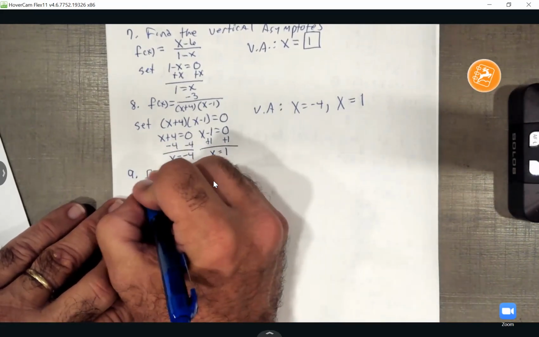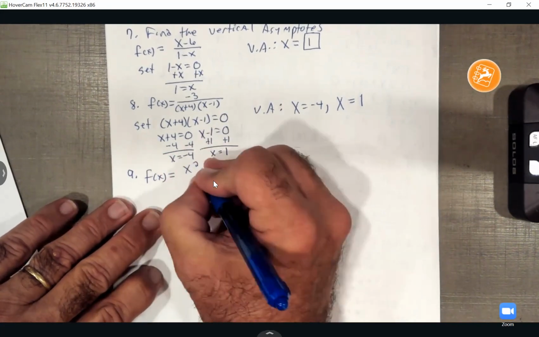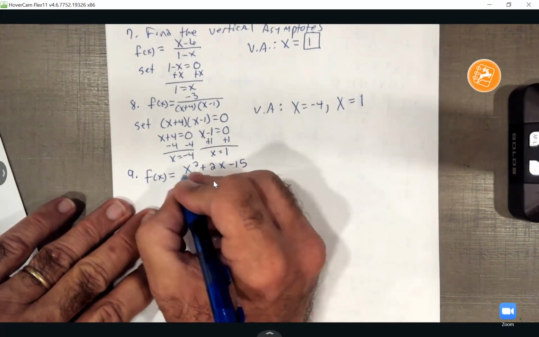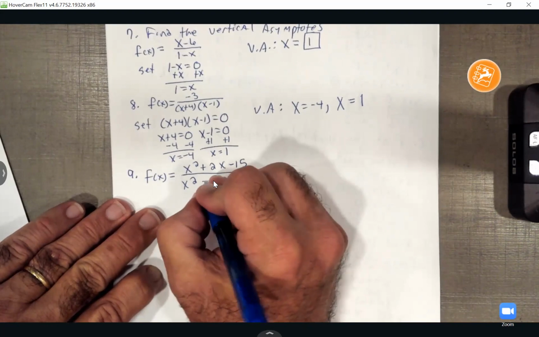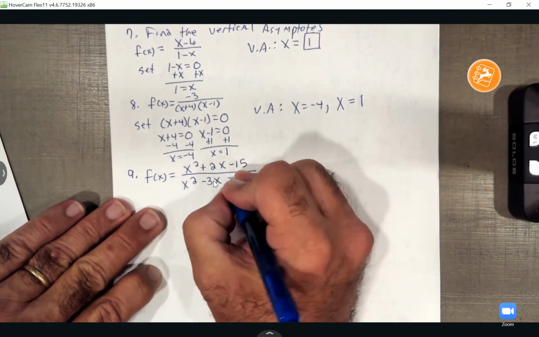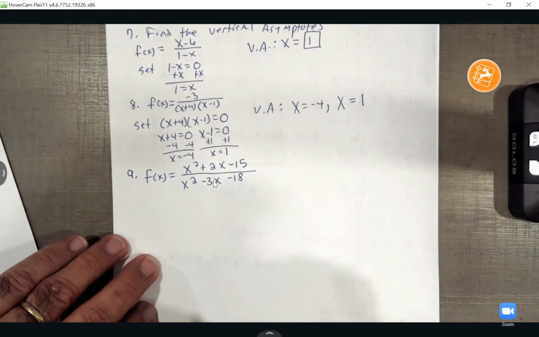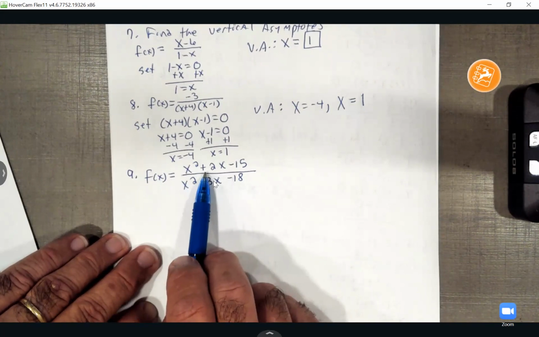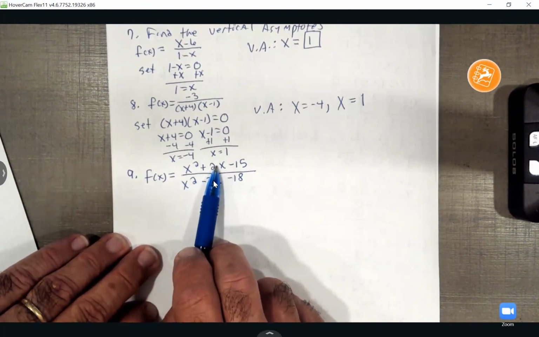All right, y'all, this one will be for y'all to play with. On top, I got an x squared plus 2x minus 15. On the bottom, I got an x squared minus 3x minus 18. So this one's going to be a little trickier because you got a trinomial on top, and I don't know what factors it has unless I factor it.